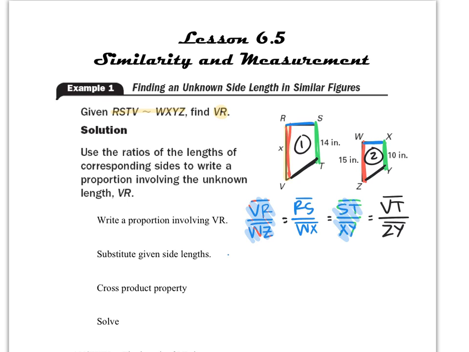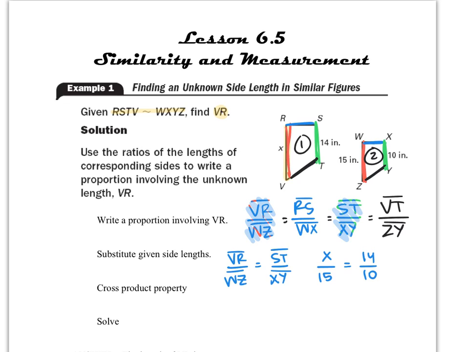So we're going to set VR corresponds to WZ, and we're going to set that equal to ST over XY. Then we can fill in what we know about this. So VR is X, WZ is 15, ST is 14, XY is 10.